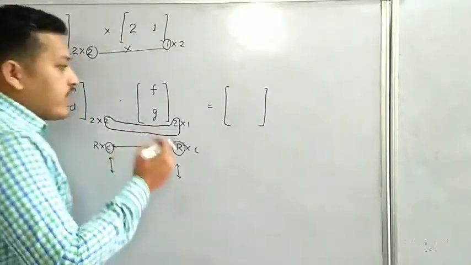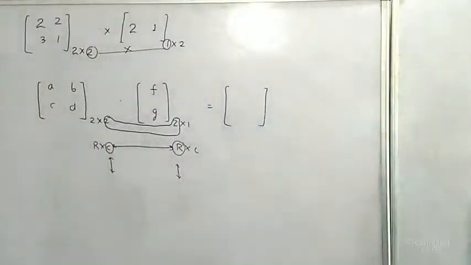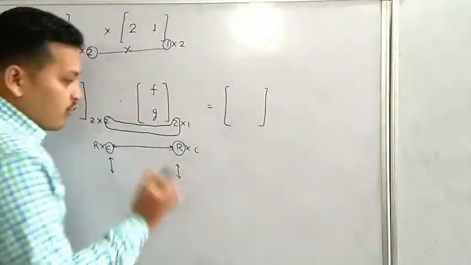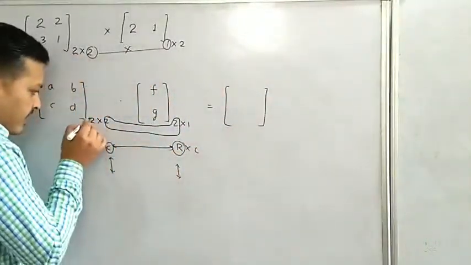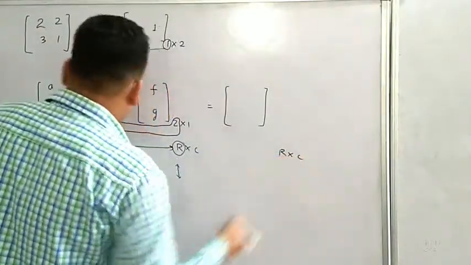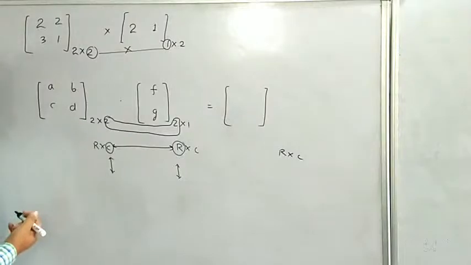Now what is the final order of the matrix? The final order of this matrix is the remaining terms. You know that we write order as row into column. So what row or column is remaining here?